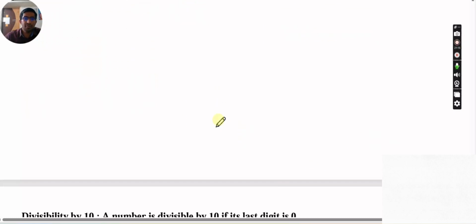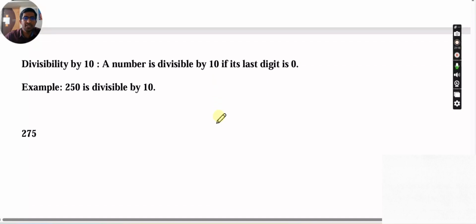Next, after 9, we are going to learn about the divisibility by 10. I already told that it is exactly similar to the rule of 5, because in 5 we learned that any number ending with 0 or 5 is divisible by 5. For 10 it is similar, but only one digit is required at the end. So a number is divisible by 10 if the last digit is 0.